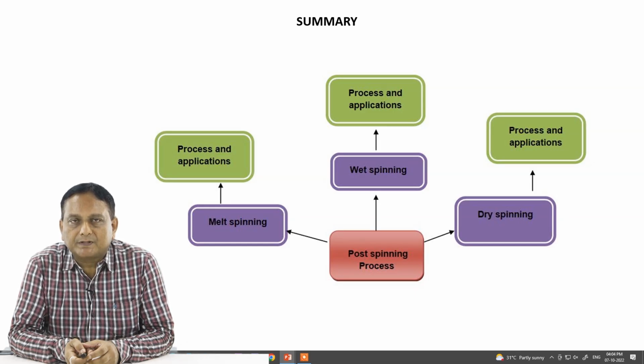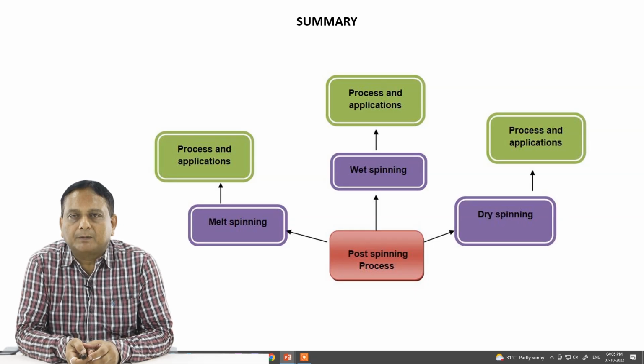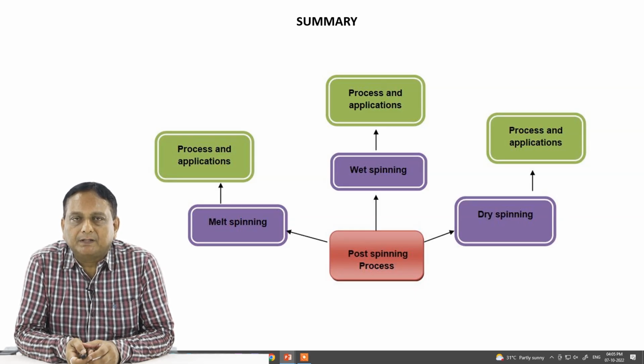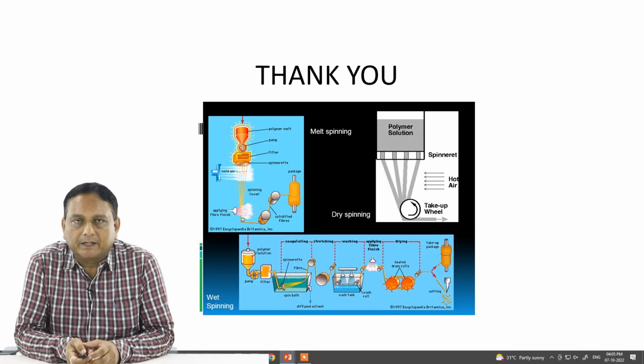We have understood that different fibers are produced by different spinning techniques, shown here as dry spinning, wet spinning and melt spinning. These are the areas we covered for different filament yarns, or synthetic and semi-synthetic fibers. Thank you.